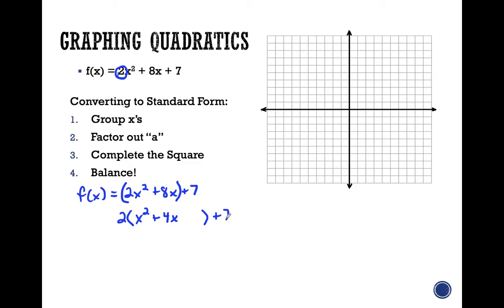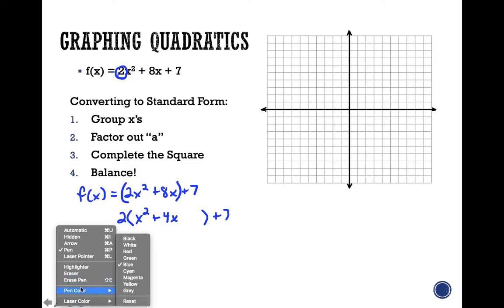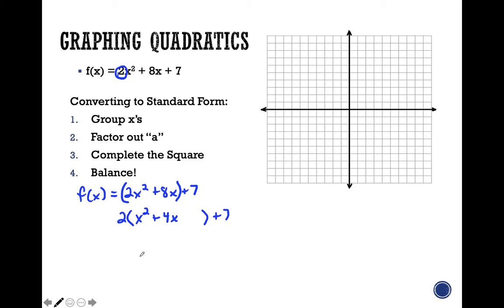Now I'm going to change colors here just for this completing the square step, so we can visualize that. Completing the square is simply taking our b value, dividing it by 2, and squaring that.